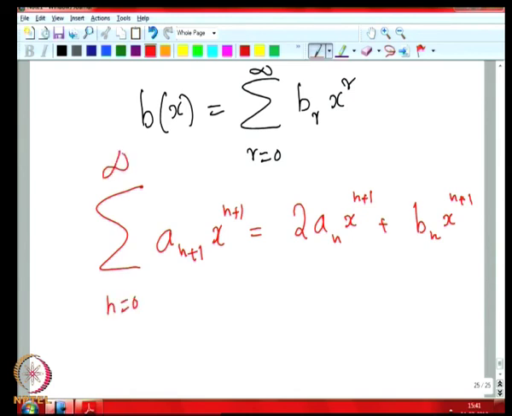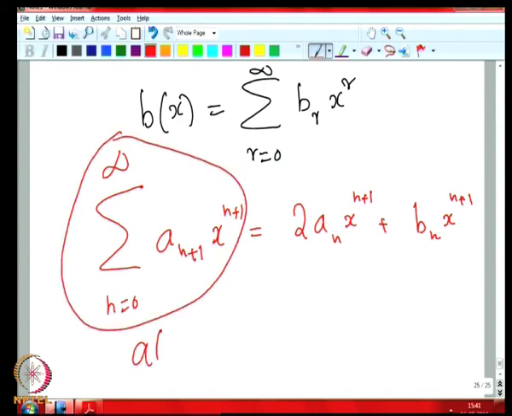Note that this is n plus 1, therefore a1 x raised to 1, a2 x raised to 2 and so on. So this is not really our a of x, this is only a of x minus a0 into x raised to 0, that is a0. Since we are given that a0 is 1, we can write it as a of x minus 1.